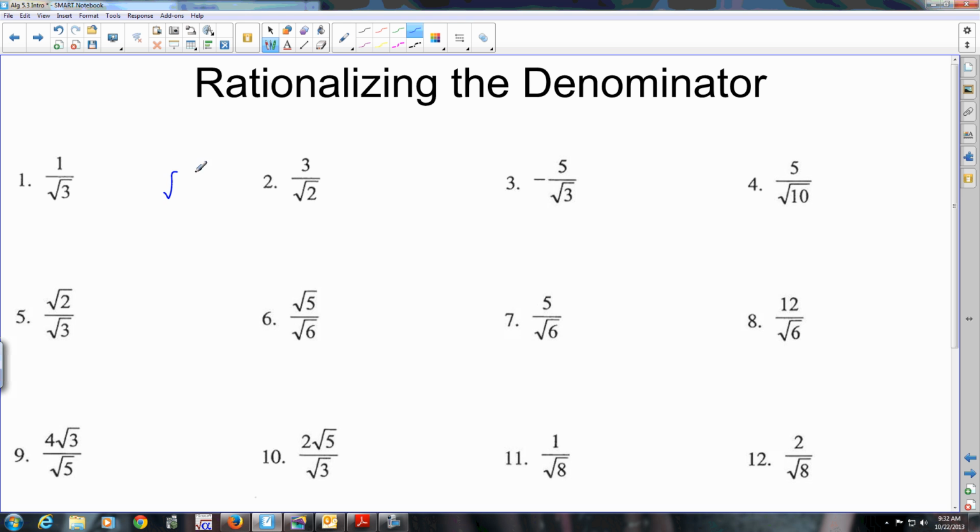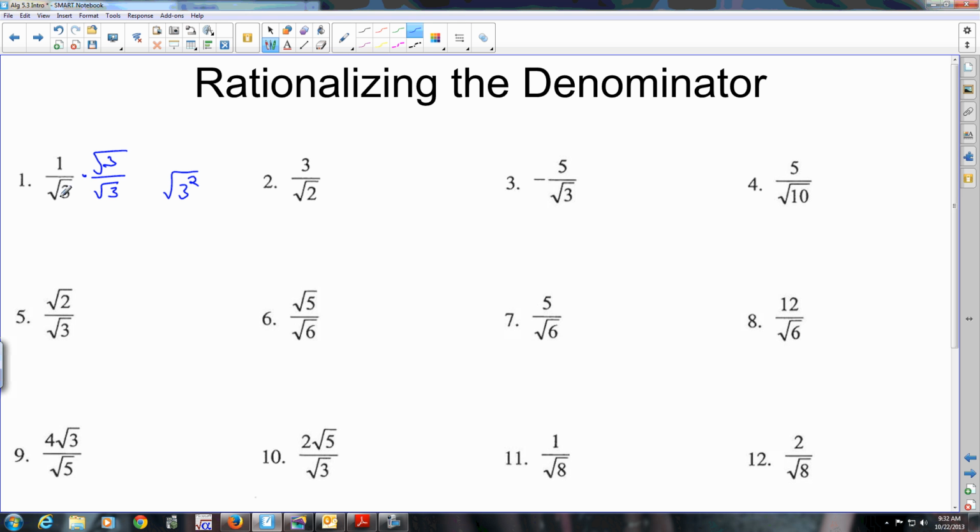In order for that to happen, I need the square root of 3 squared on the bottom, so the square cancels the root. To get it to be that, I'm going to multiply by the square root of 3 top and bottom. In other words, this is worth 1. The top is the same as the bottom.